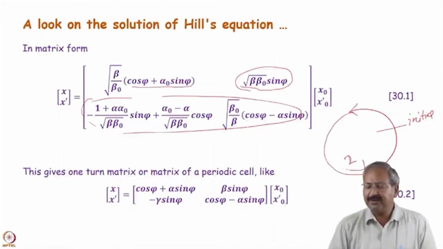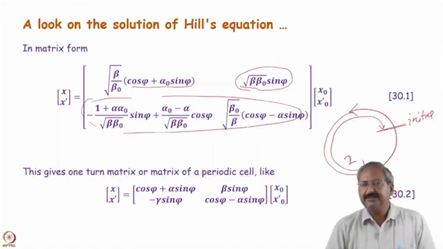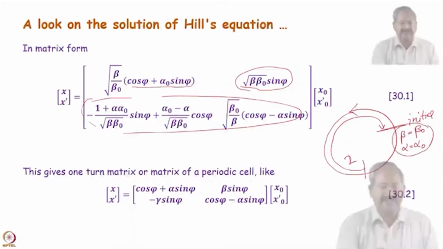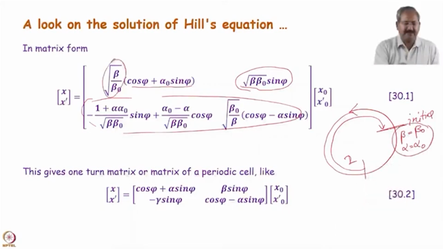If we move point 2 and reach here after one turn, in this case beta should be equal to beta naught and alpha should be equal to alpha naught. When you do this, beta upon beta naught cancels out, so you will have cos phi plus alpha sin phi.